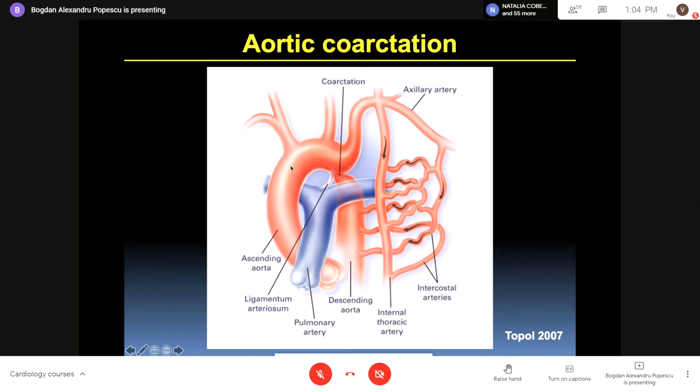This is why the blood pressure in these vessels will be increased, while the blood pressure distal to the narrowing, most easily measurable in the legs, will be decreased.